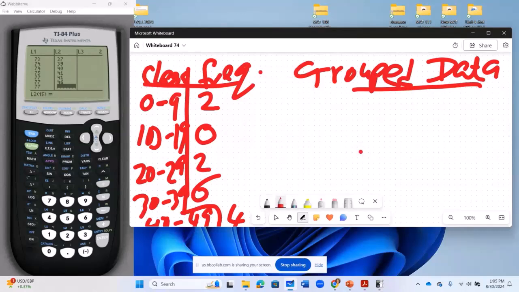All right, so now I'm done grouping. What I have, this table, is called a frequency distribution. So I just made a frequency distribution out of the data I have. Having a calculator makes my work easier.